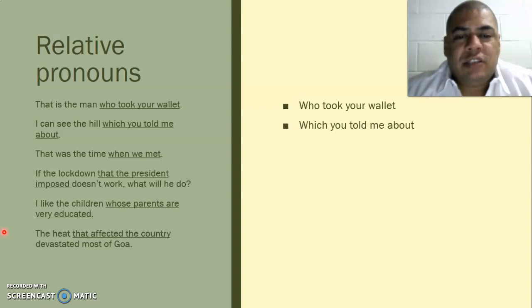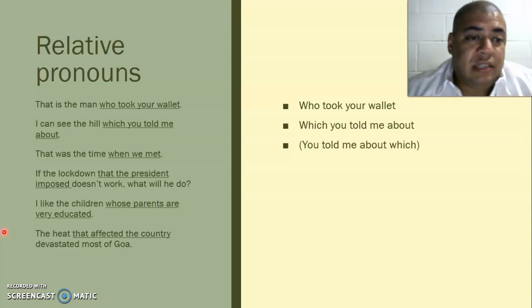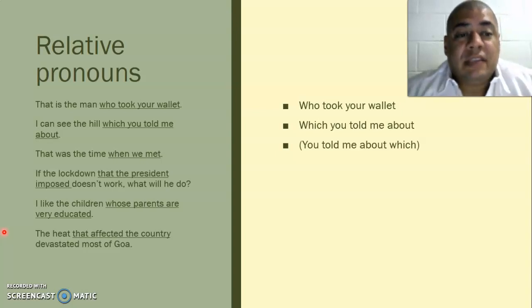What is which substituting? The hill, yes. Now, in order to rearrange this sentence, I know that which is not the subject. So, the subject is you. You told me about what? About the hill.